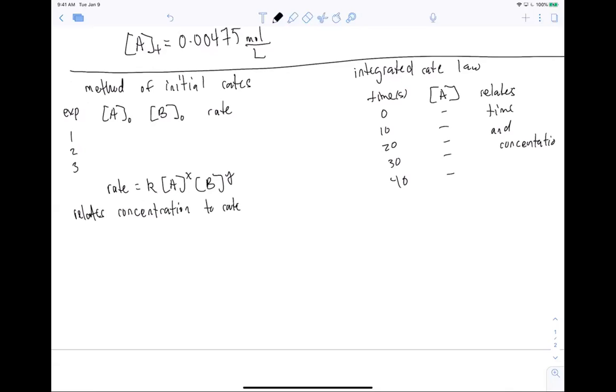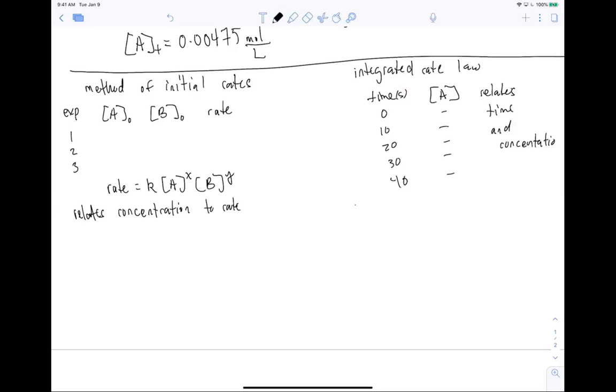And so your problem solving strategy is very different between these two things. In either case, your first step is trying to figure out what the order of the reaction is and what K is.